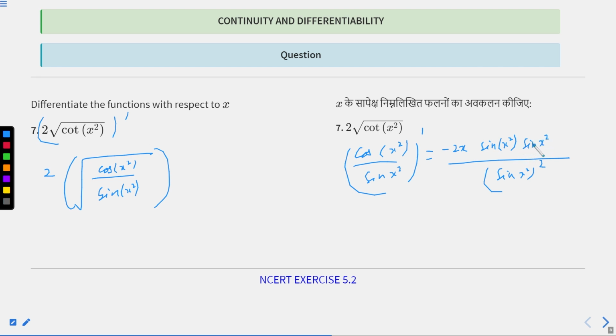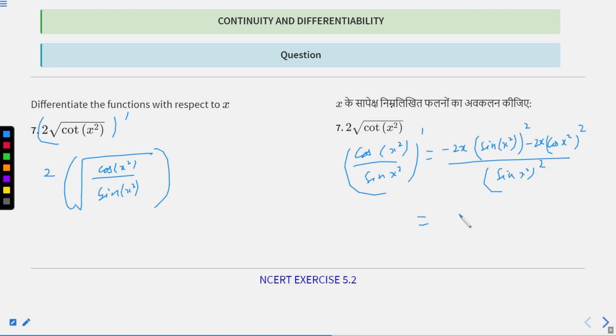This will be whole square. Now minus, cos x square will be untouched, and the derivative of this will be minus 2x, and sine is cos x whole square.